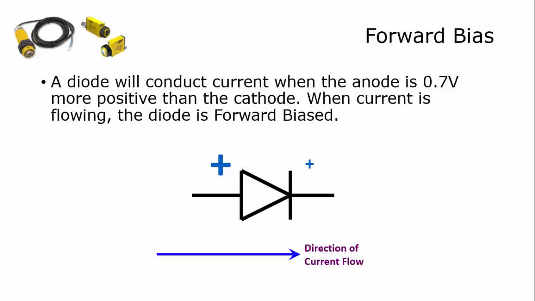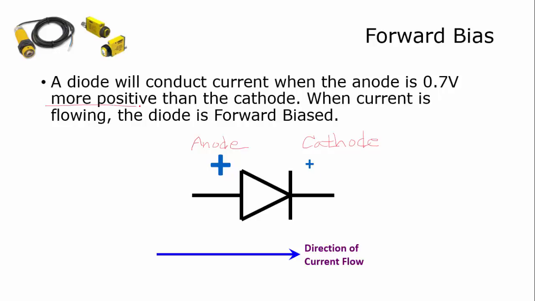So when diodes are conducting current, the term for that is that the diode is forward biased. Now a diode will conduct current when the anode, this is the anode, this is the cathode, is 0.7 volts more positive.